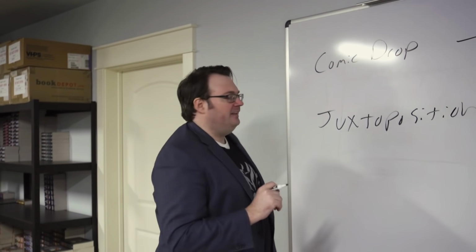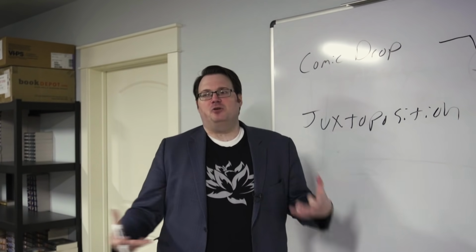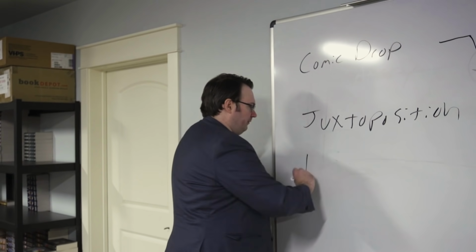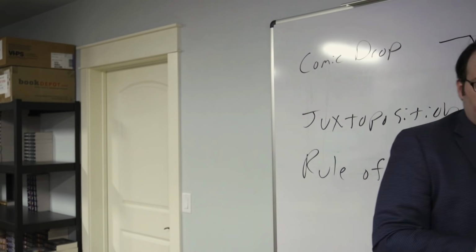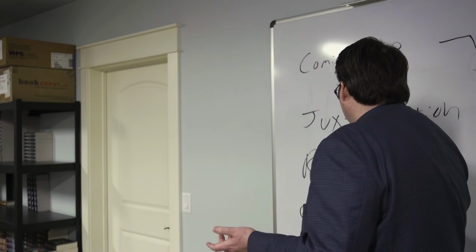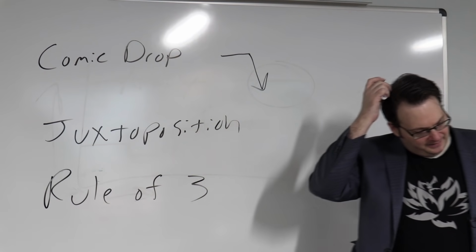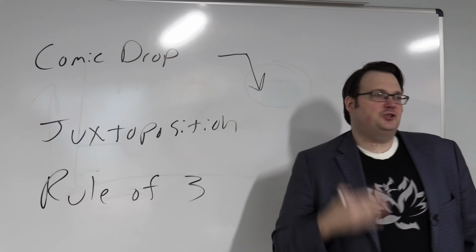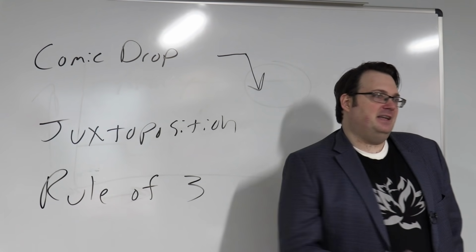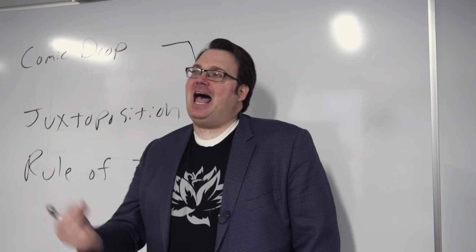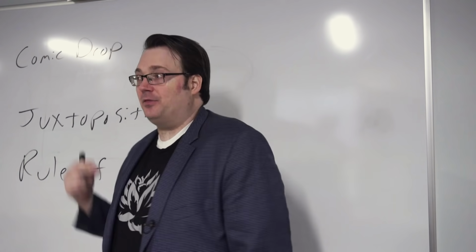Again, I am not an expert in this, and so a lot of things I'm going to be saying don't fit into the big theme. There are people who can talk about this thematically a lot better, but there is the rule of 3. This goes along with juxtaposition. The idea of the rule of 3 is that when you show things happen in a sequence, you are going to be expecting some sort of tying together of these thematic elements and/or some sort of reversal for the third one.